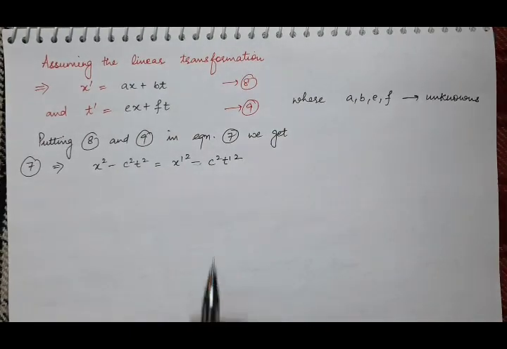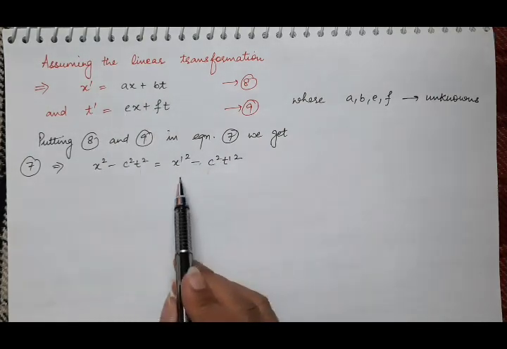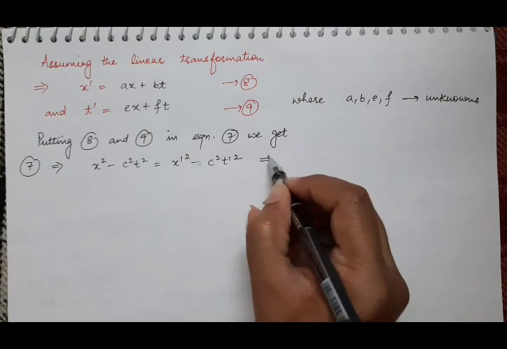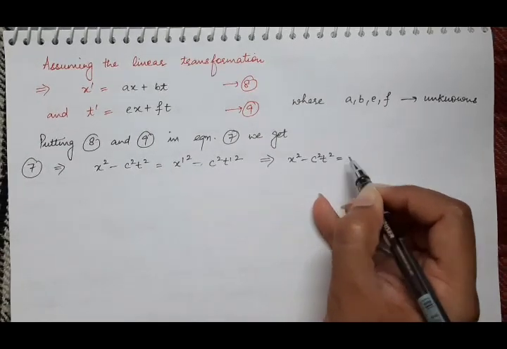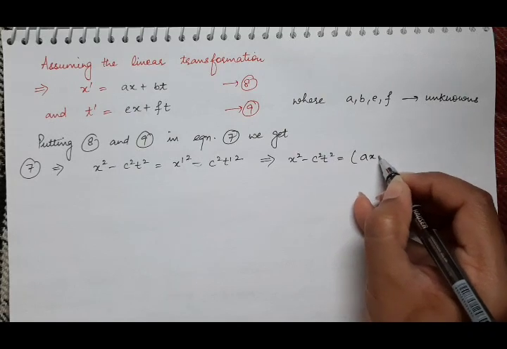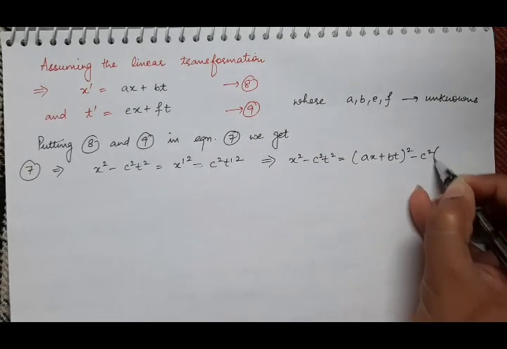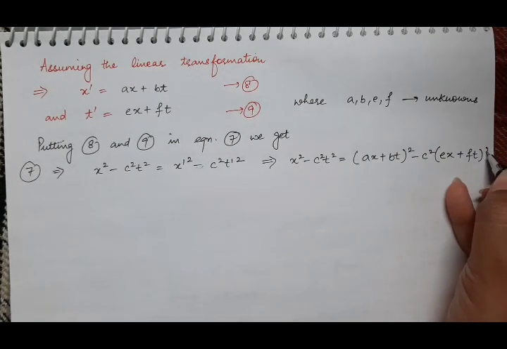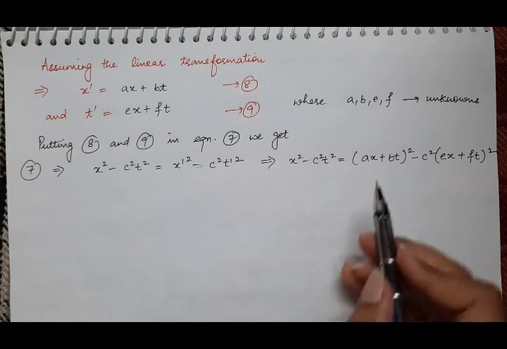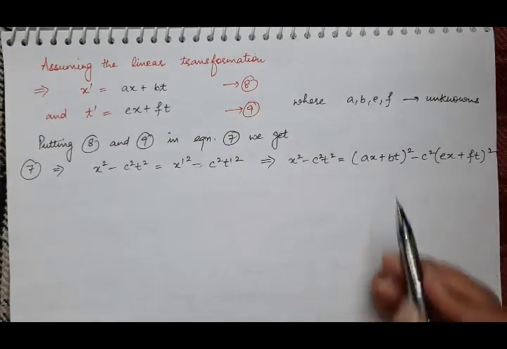Now put x dash equal to this and t dash equal to this here, and you will get x square minus c square t square equal to (ax plus bt) whole square minus c square into (ex plus ft) whole square.